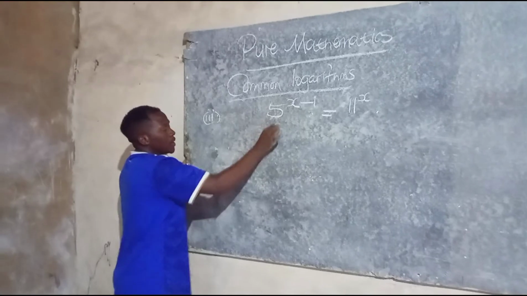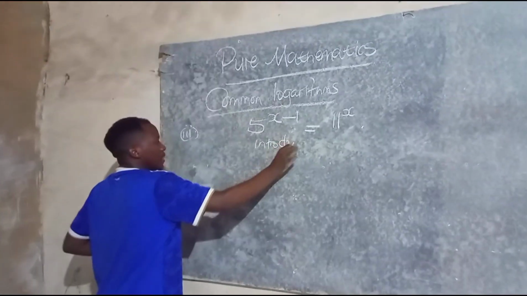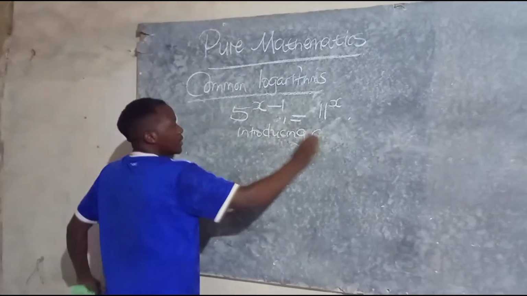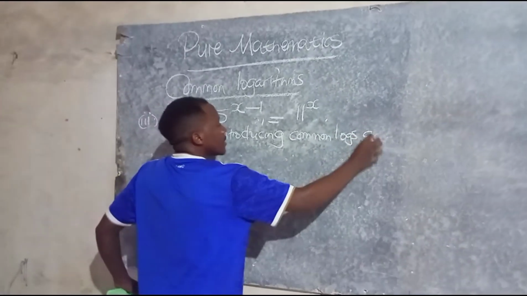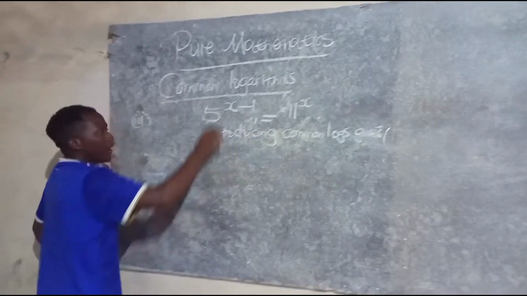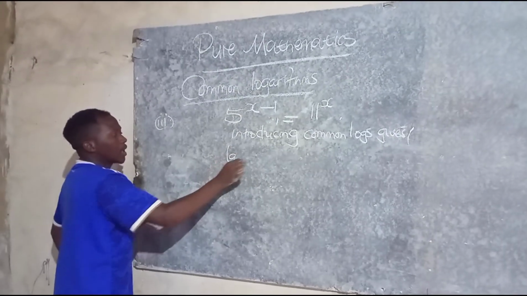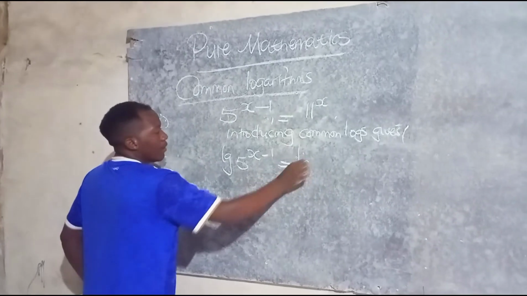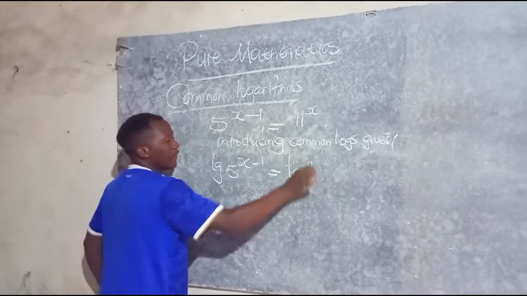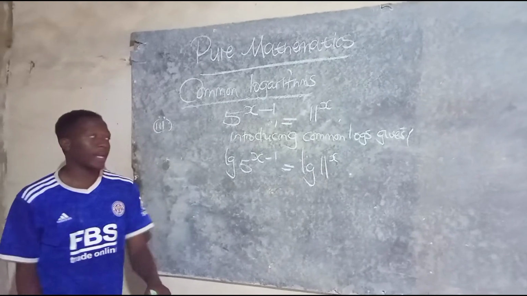We're going to introduce common logs. So here we're going to say log 5 to the power x minus 1, then log 11 to the power x.